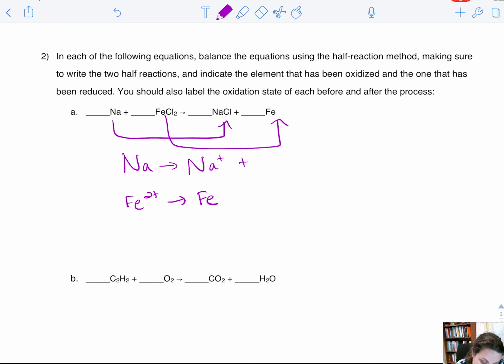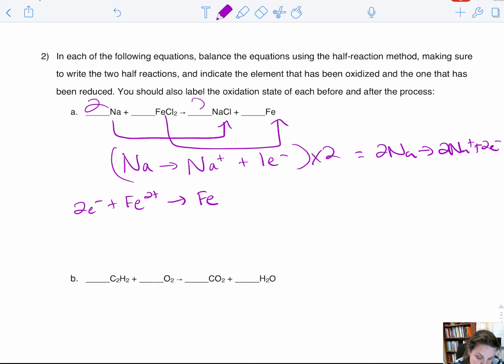We need 1 electron here, 2 electrons here, times by 2 gives us 2Na, 2Na plus 2 electrons, and then it'll balance out. So we just need a 2 here and a 2 here.